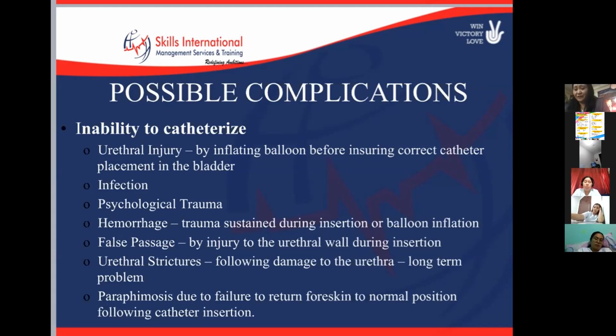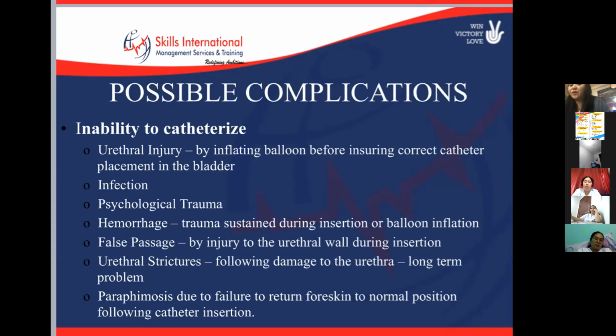If you insert it into the urethral wall and it's not the right way, it must go through the urethral meatus, but if the catheter goes a false way, it can cause an injury also. Urethral stricture follows damage of the urethra.